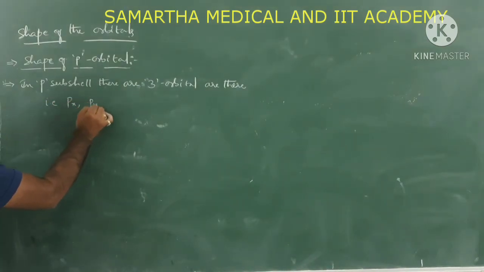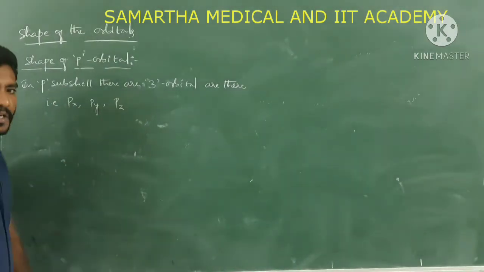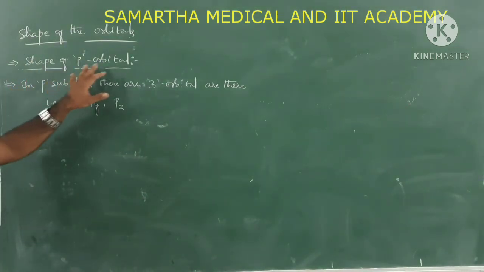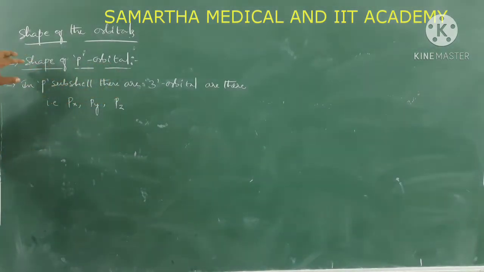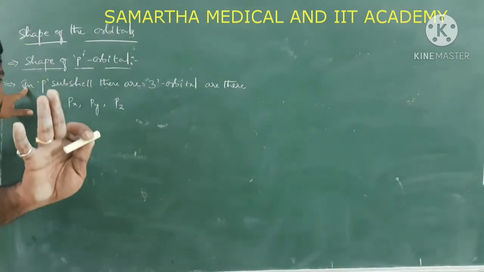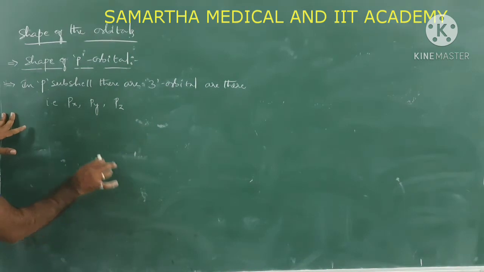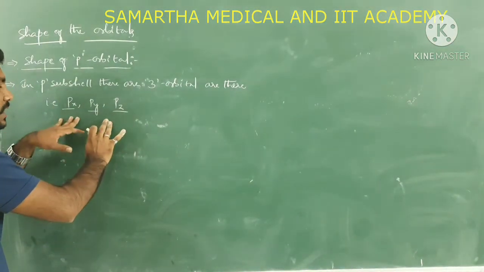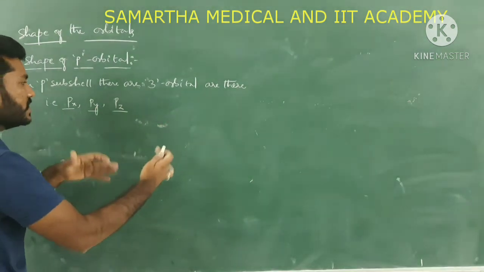Those are px, py and pz. So in the p subshell, since we are studying the shape of p orbital, we have 3 p orbitals: px, py and pz. How do these orbitals exist?